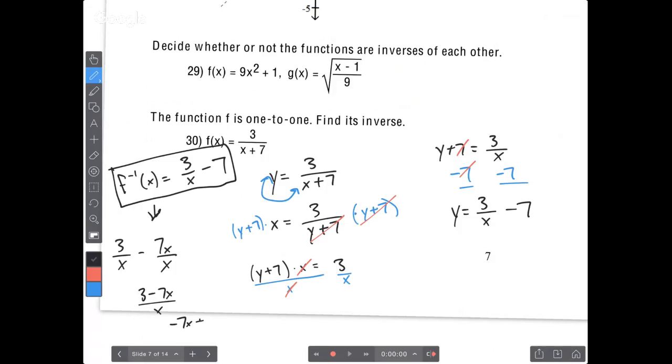Or how about I make a table for f of x, x and y. That's a cleaner way to do it. And I'll also make a table for f inverse of x, x and y.